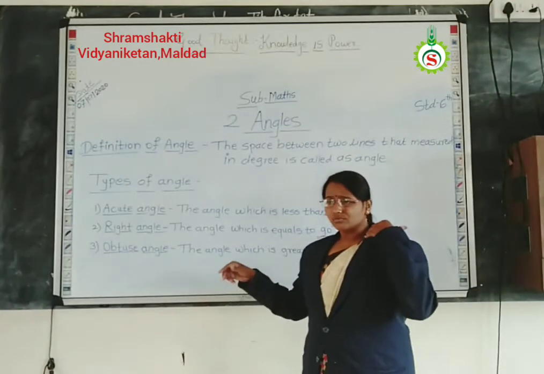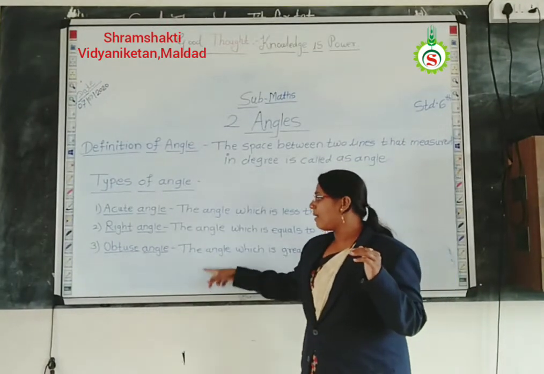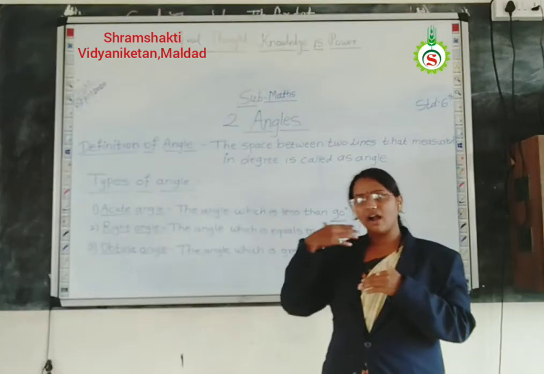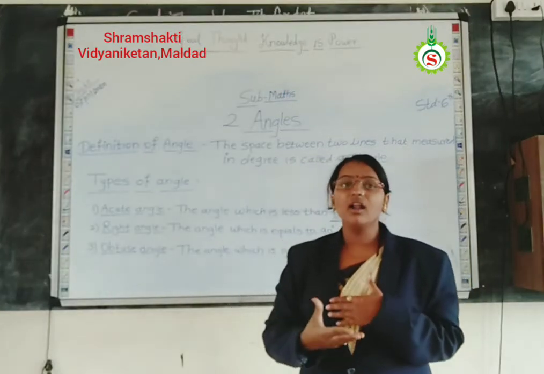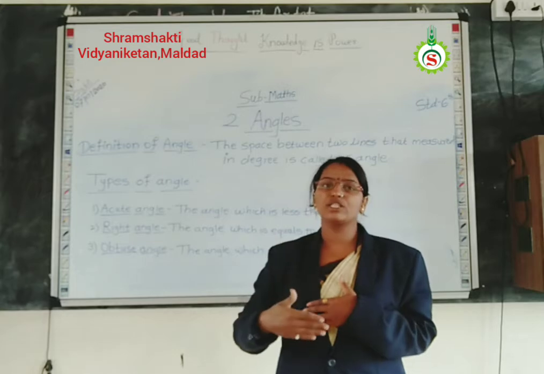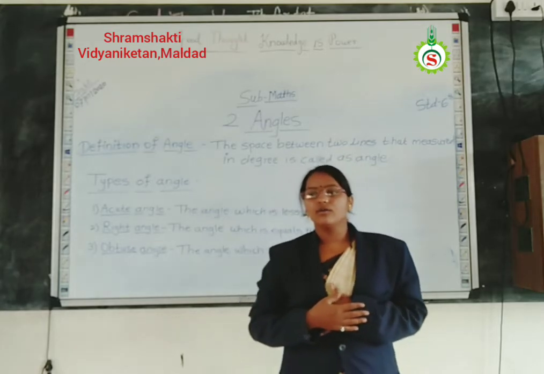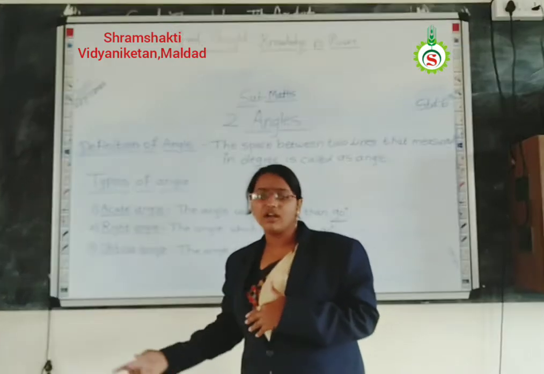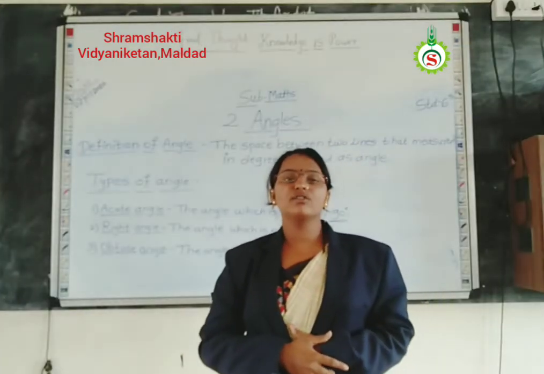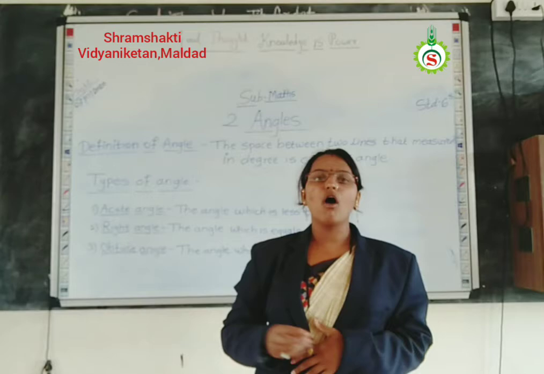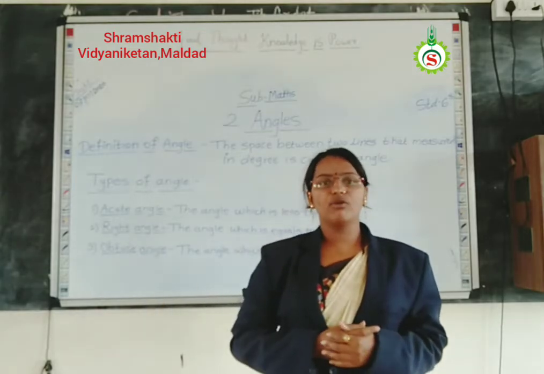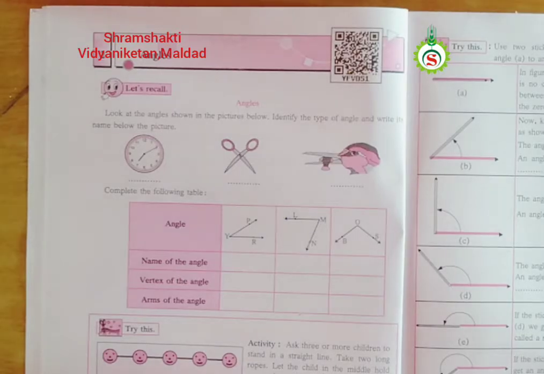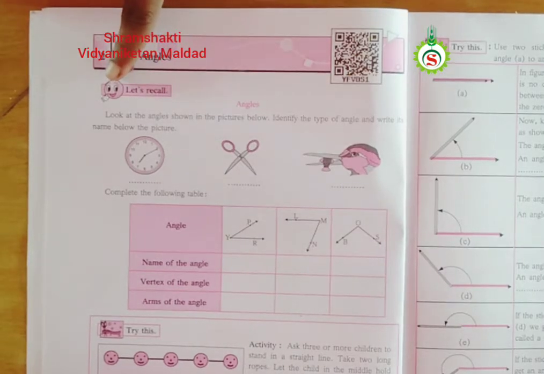You have to study all three types and other types of angle in detail in the next video. But for these three types of angle, for revision, in your textbook there is one activity, so you all see in your textbook. Here you have one activity for revision.